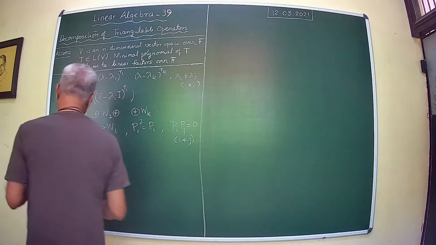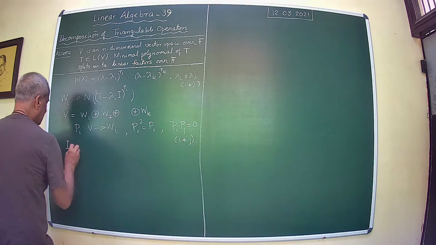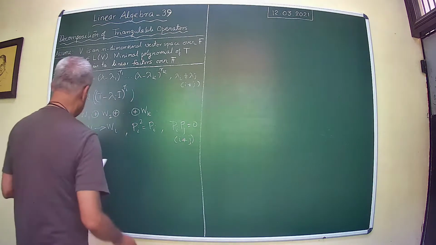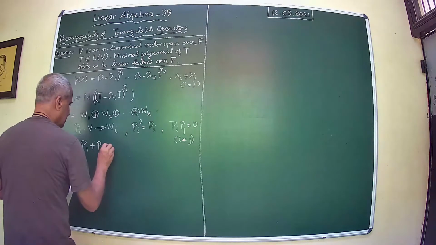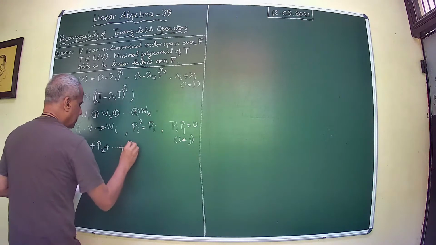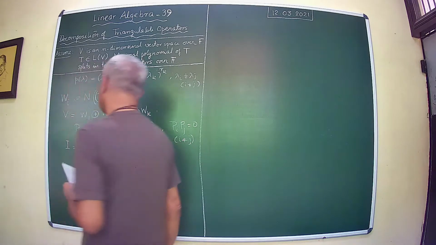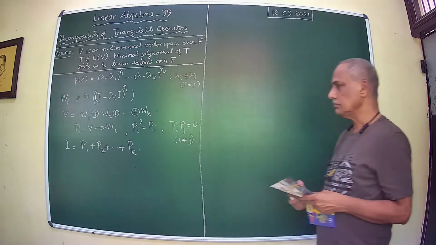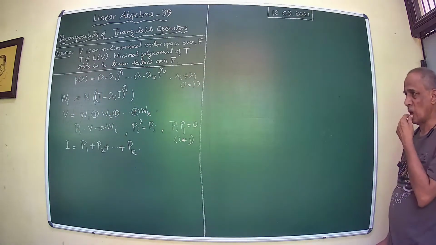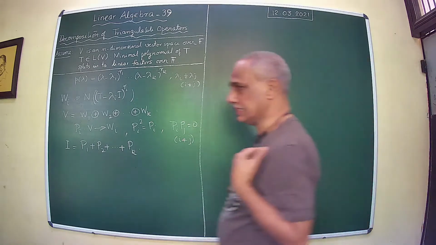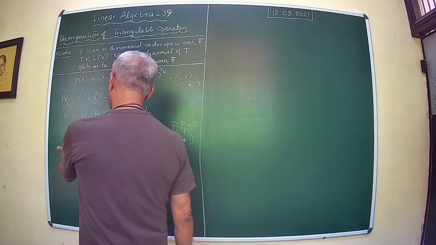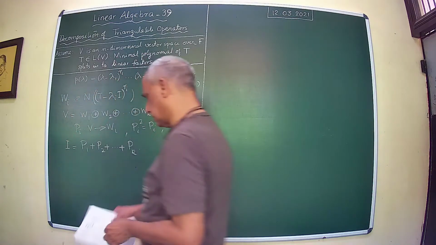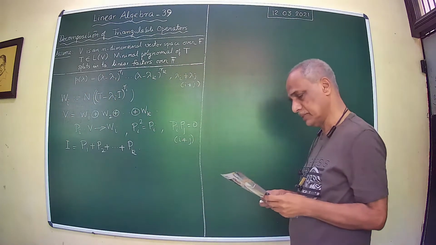Therefore, the identity operator breaks down as the sum of these projection operators. So this is the application of the primary decomposition theorem.